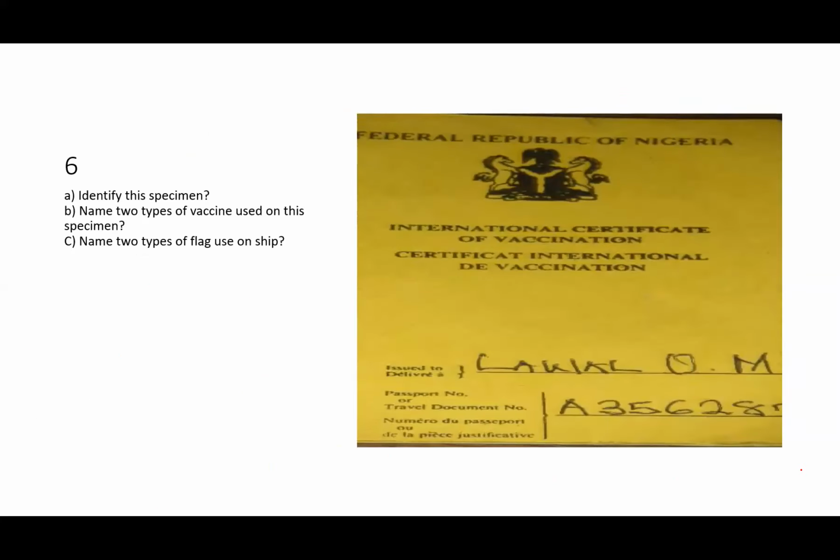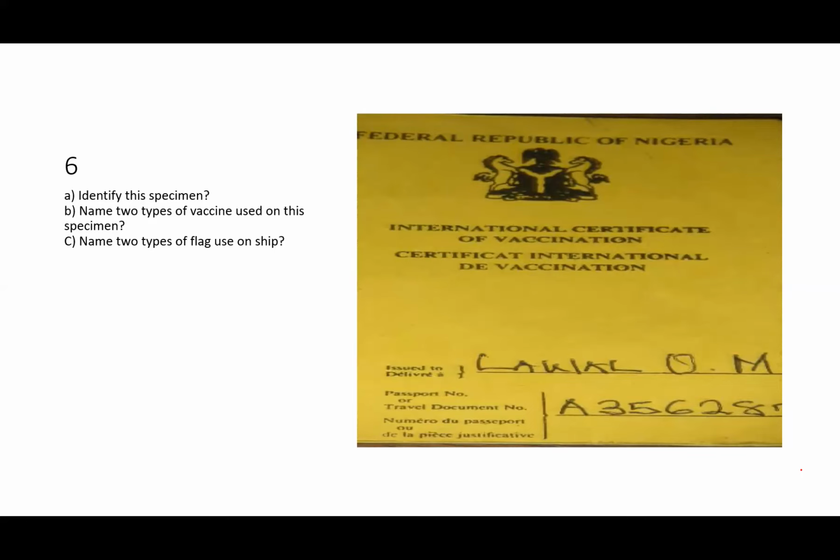Now, I believe some of you have this card, the yellow fever card, the yellow card. Identify the specimen. You can see it's written Federal Republic of Nigeria, International Certificate of Vaccination, and the same in French. So it's a vaccine card, the yellow card.